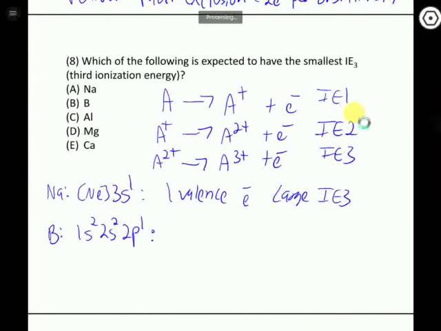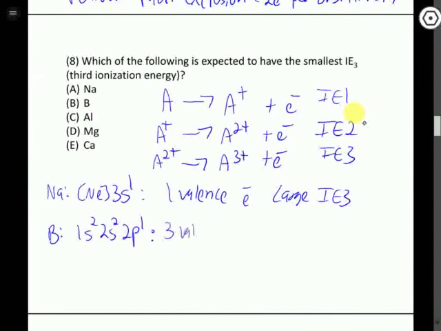So that means for the third ionization energy for boron, we're still removing that last valence electron, which means it could be comparatively easier. And then if we go to aluminum, aluminum is just below boron on the periodic table, so it's going to be also s2p1. This also has 3 valence electrons.